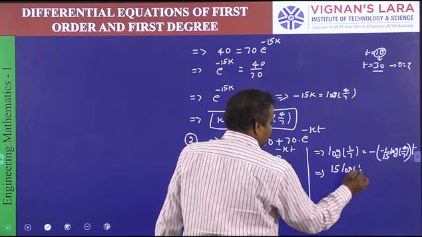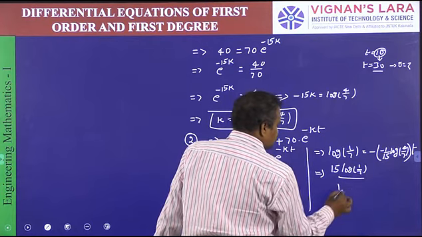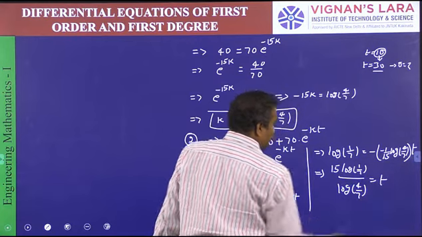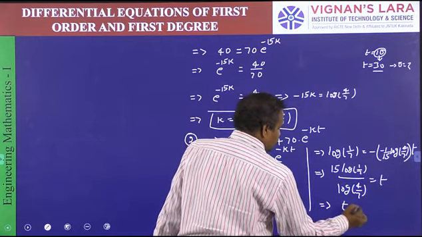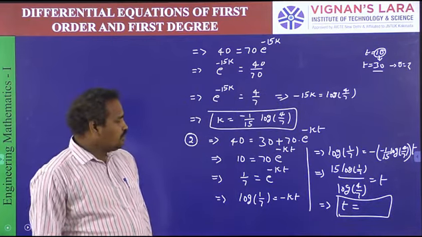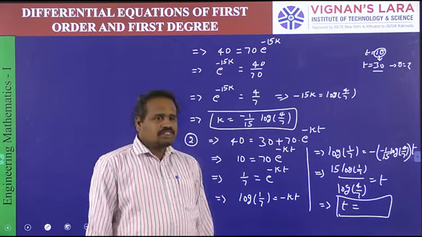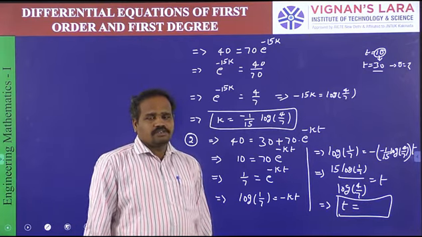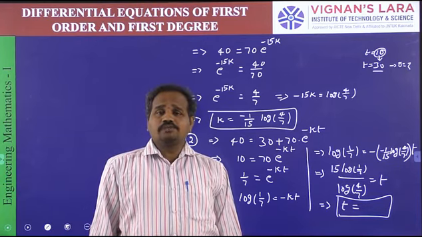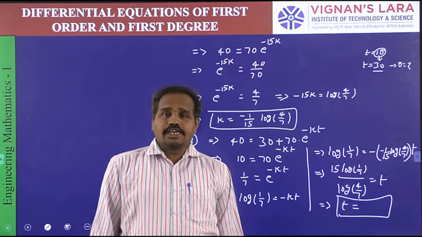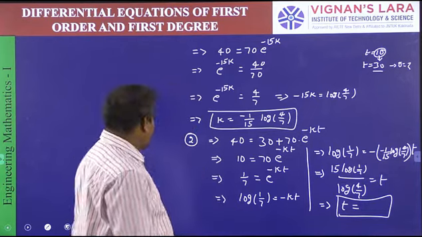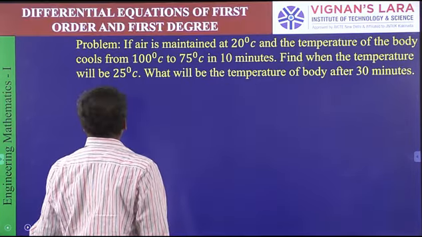So 15 into log of 1 by 7, and this log of 4 by 7 comes to this side. That becomes t. So this is the value of t. So use your calculator. Evaluate the value of 15 into log of 1 by 7 divided by log of 4 by 7. Like this, we have to calculate the temperature of the object as well as the time at a particular temperature. So we will go through the next problem.